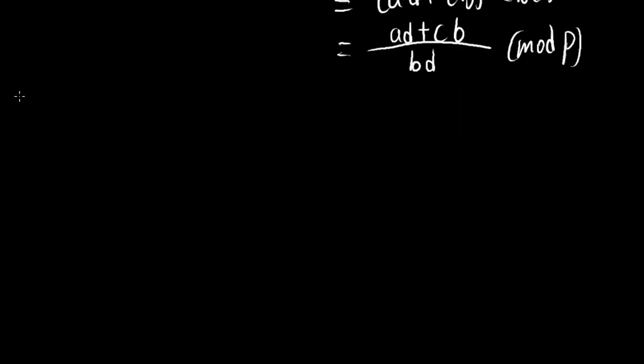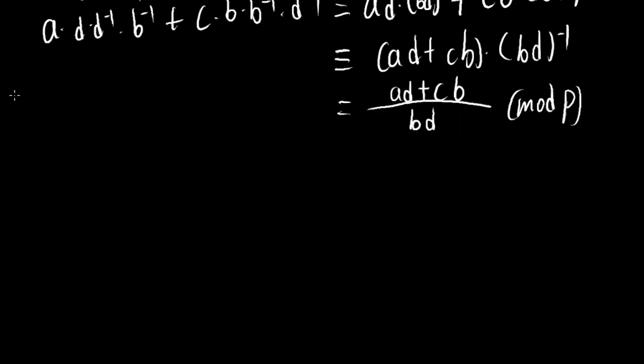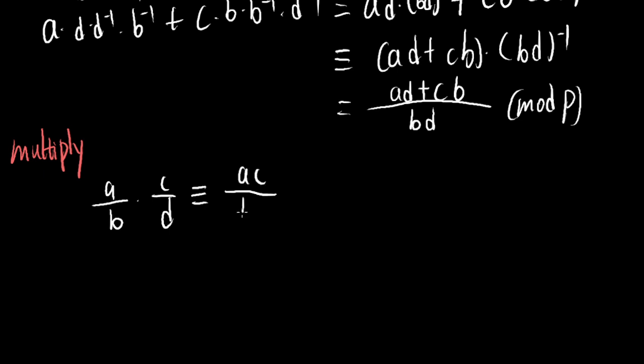Now we show how inverses multiply like fractions. What we mean by multiplying like fractions is that a over b times c over d should be equal to ac over bd mod p, right?